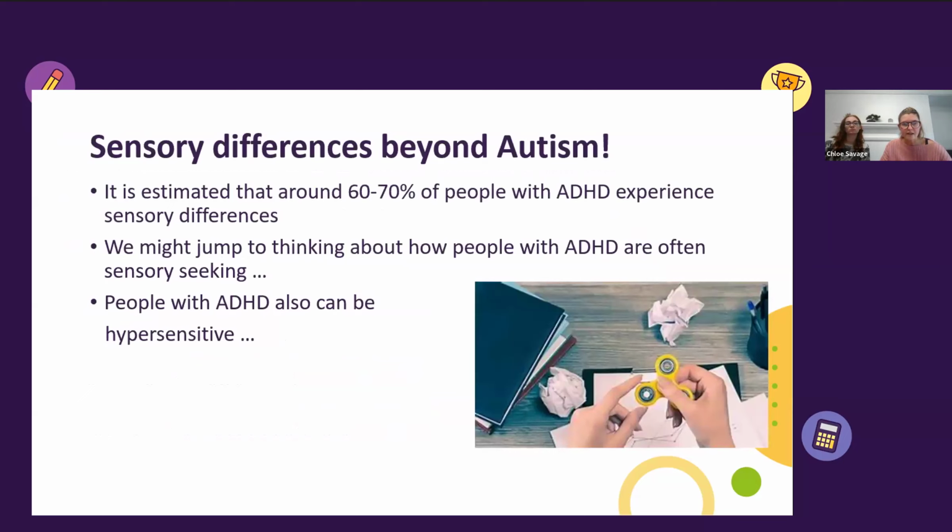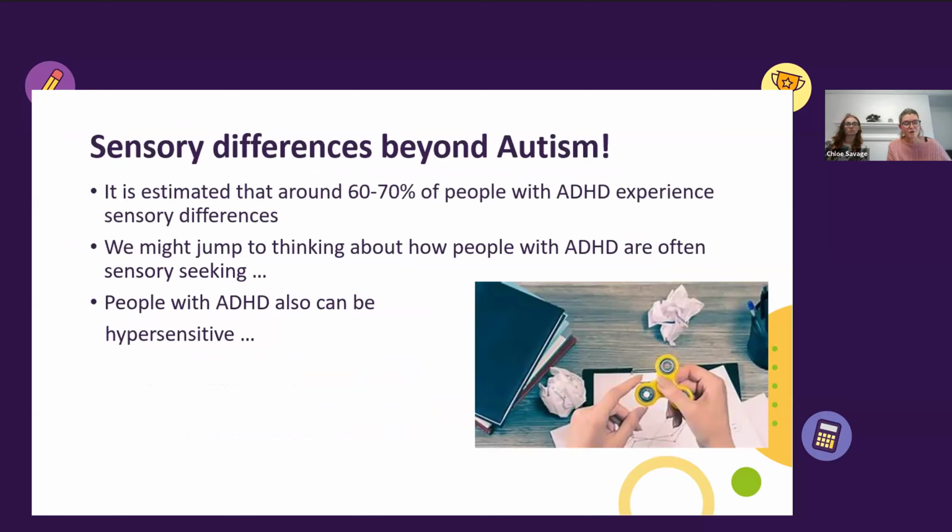But just to cover that, it's not just autism that we can relate to sensory differences. It goes much beyond that spectrum and that diagnosis. We can also think about ADHD, for example, and the research shows that around 60 to 70% of people with ADHD experience sensory differences.